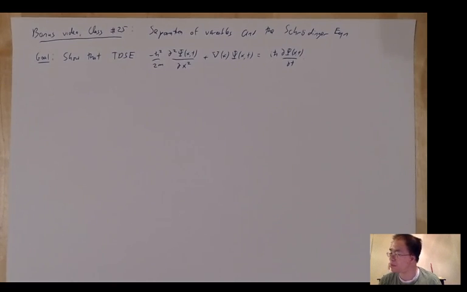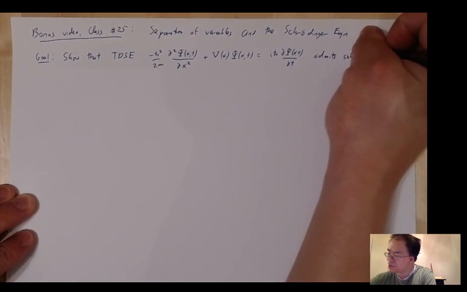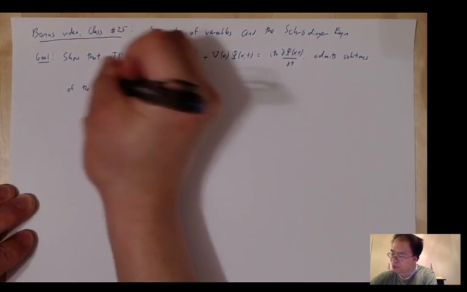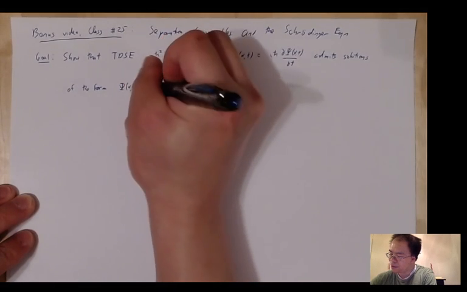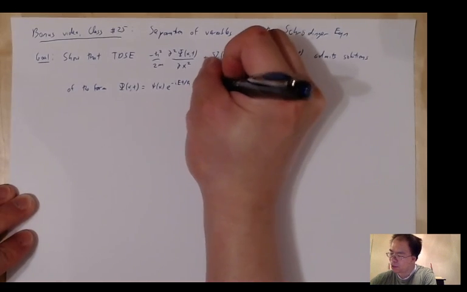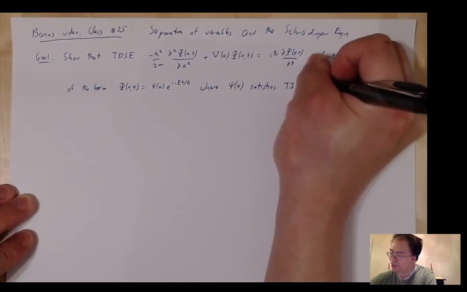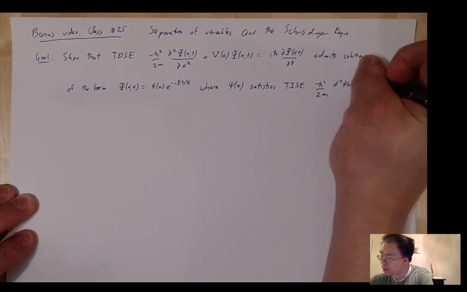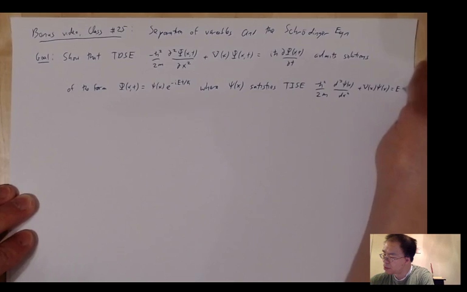And what we want to do is show that this admits solutions of the form Psi(x,t) equals lowercase psi(x) e to the minus i E t over h bar, where lowercase psi(x) satisfies the TISE: minus h bar squared over 2m d squared psi(x) over dx squared plus V(x) psi(x) equals E psi.